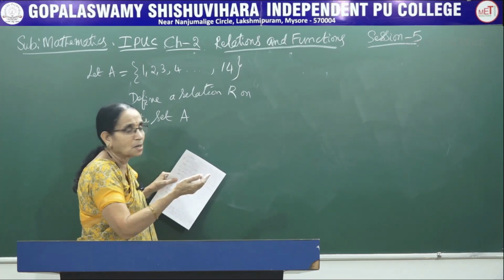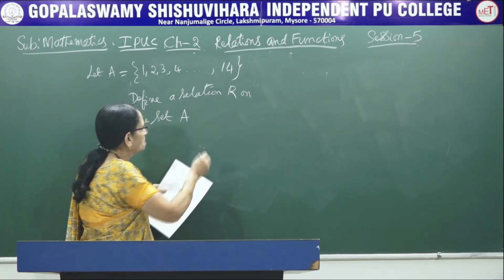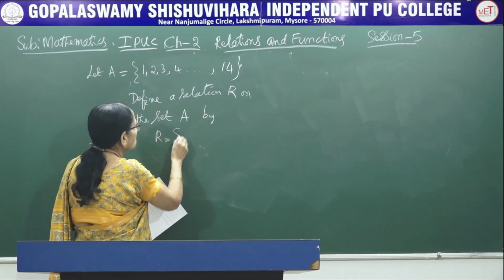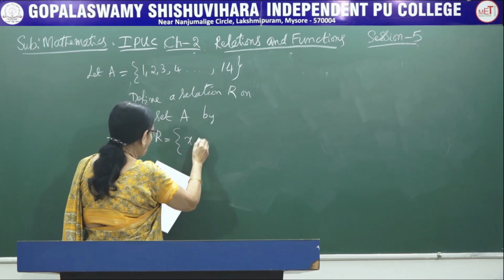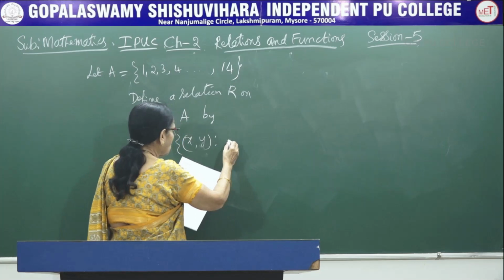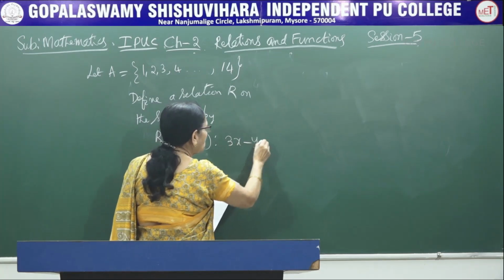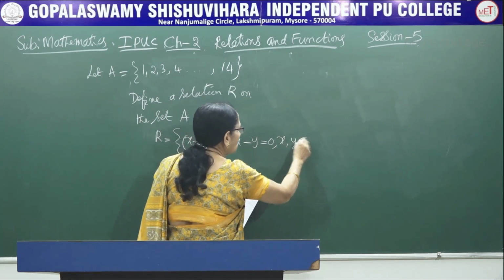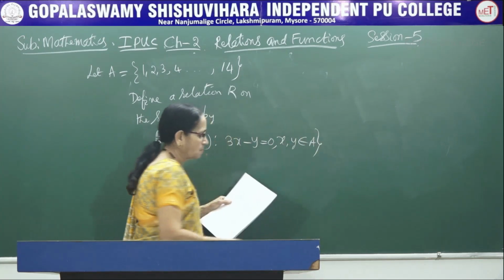Any one way the question would be asked. On the set A by R, like this, it contains all the ordered pairs (x, y) such that 3x minus y equal to 0. Both x and y belong to A.